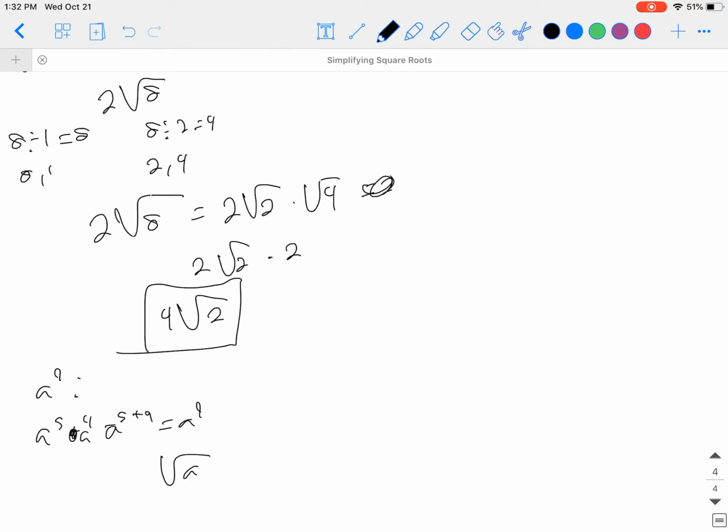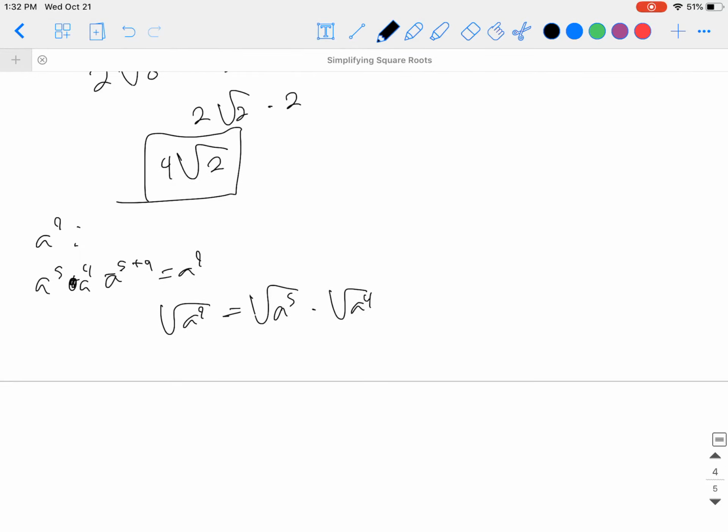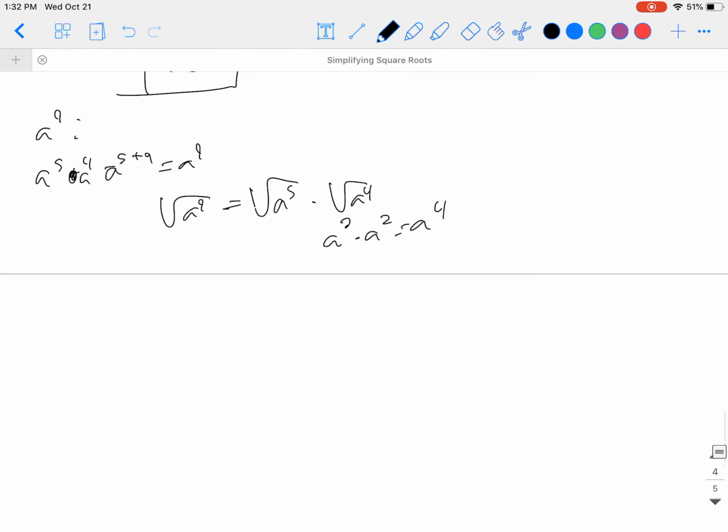So the square root of a to the 9th can be expressed as the square root of a to the 5th times the square root of a to the 4th, meaning that this can be reduced, as the square root of a to the 4th is a squared. So we have a squared times the square root of a to the 5th equals the square root of a to the 9th.